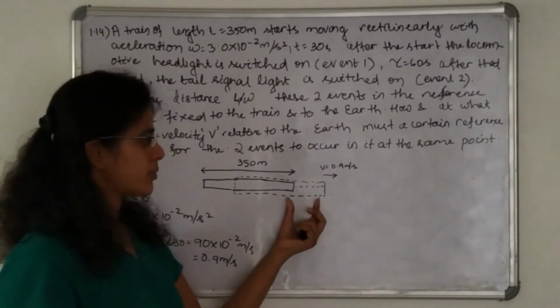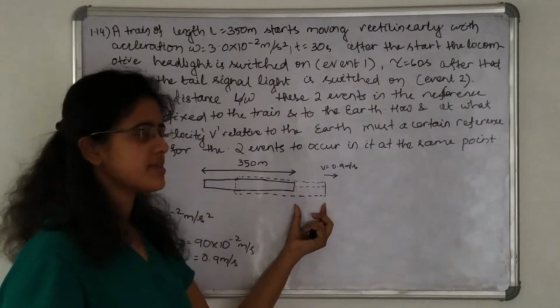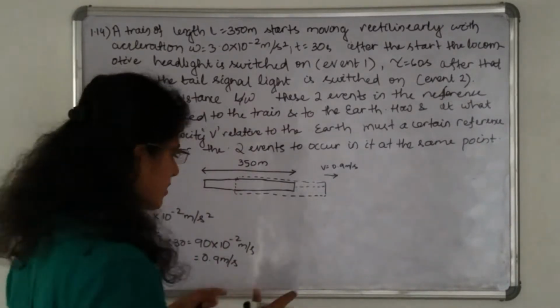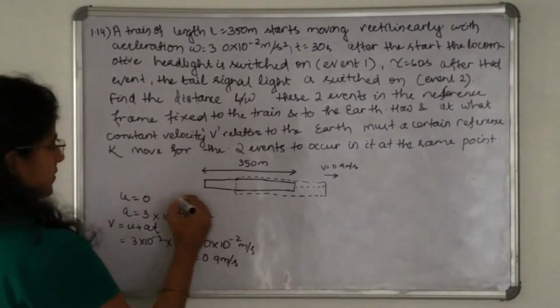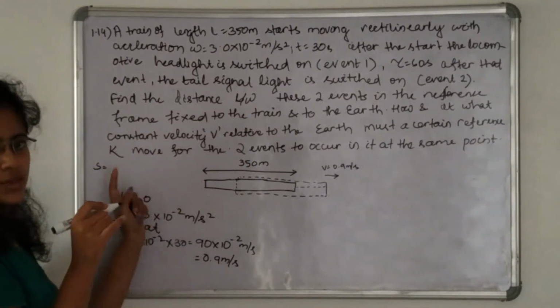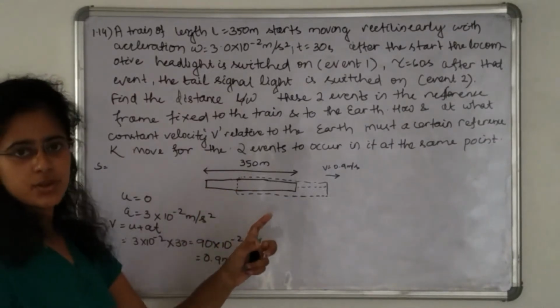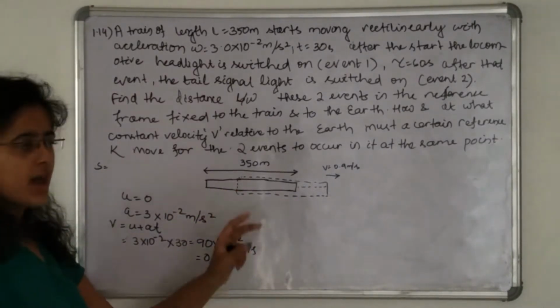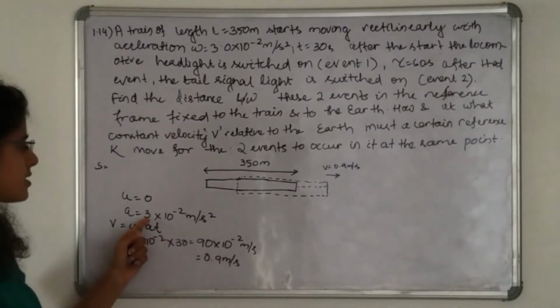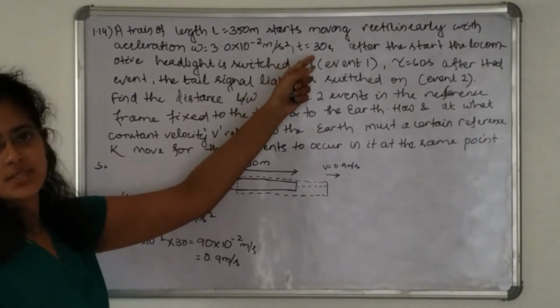Okay, so then we have to calculate this distance. So how can we calculate this distance? S is equal to ut plus half at square. U is 0, that is initially the velocity is 0. So ut is 0 plus half at square. Half into acceleration is 3 into 10 to the power minus 2 into t square, that is into 30 square.